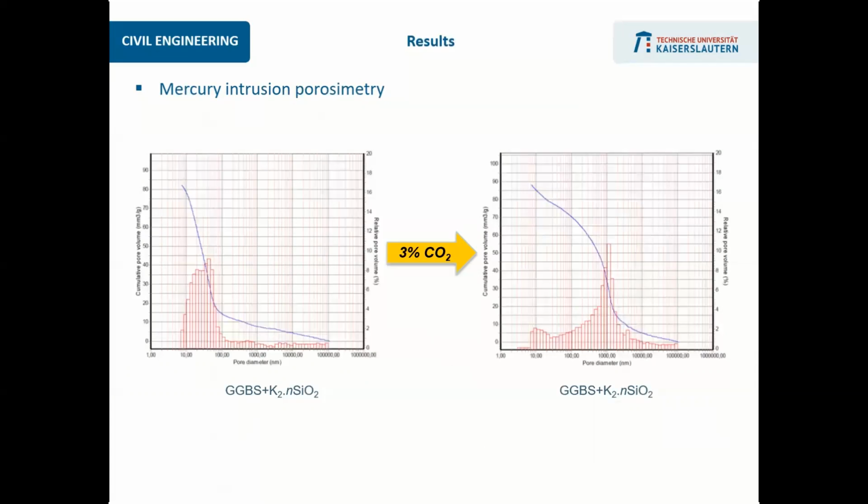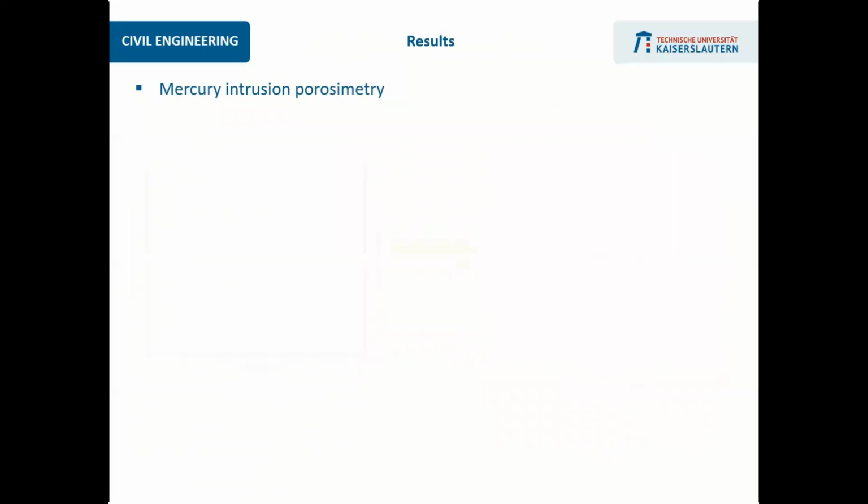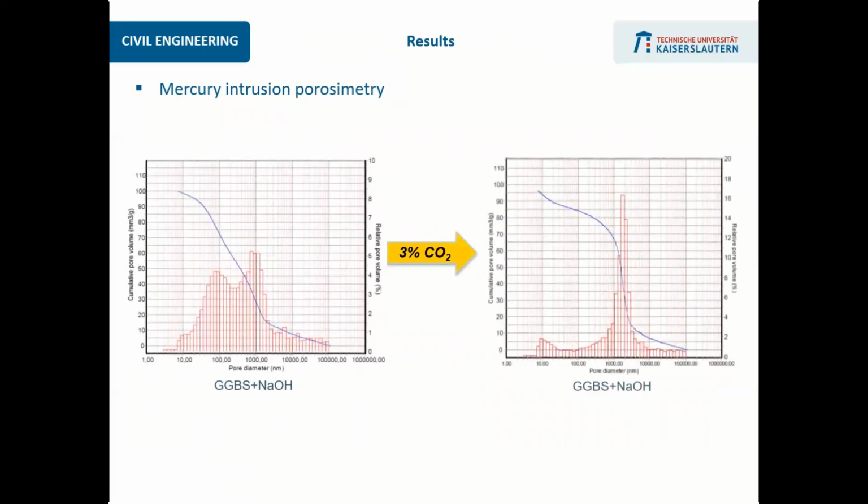As you can observe, the pore diameter sizes increase considerably during the carbonation process, and also for the next mixture, in which the GGBS was activated by sodium hydroxide, we can easily observe a similar phenomenon during the carbonation process, in which the pore size distribution was also changed and the pore sizes were considerably increased.